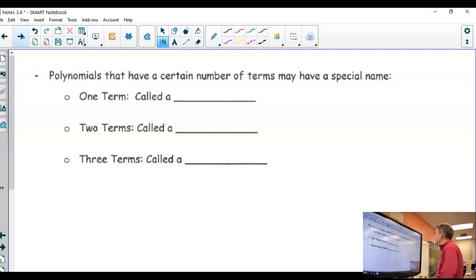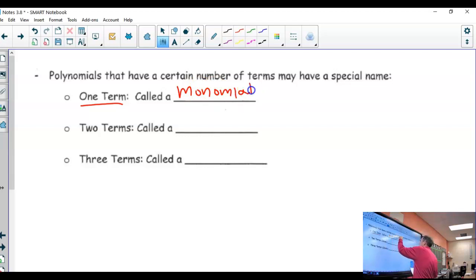Polynomials that have a certain number of terms have a special name. A polynomial with one term is called a monomial. For instance, 3x squared would be a monomial, one term. You probably know that mono means one. Two terms, I'll bet you could guess that.